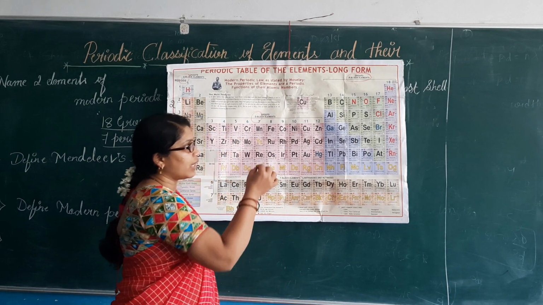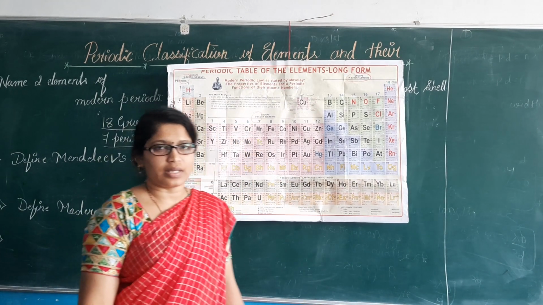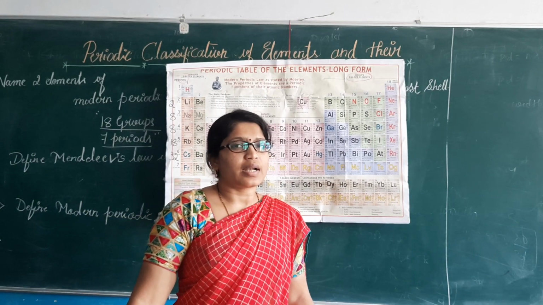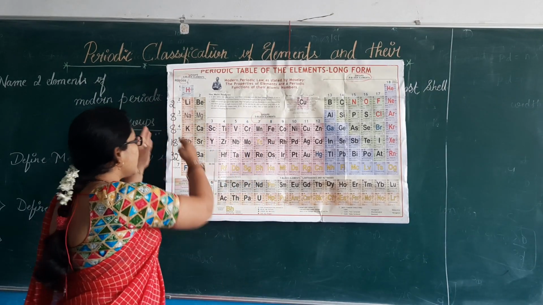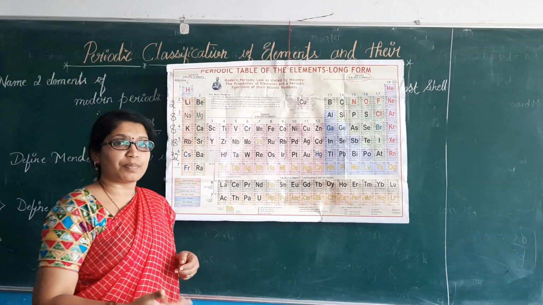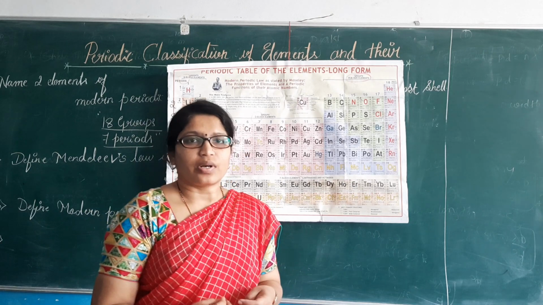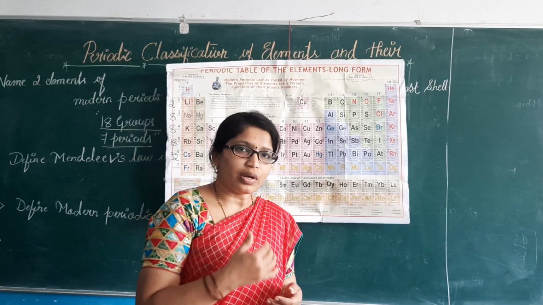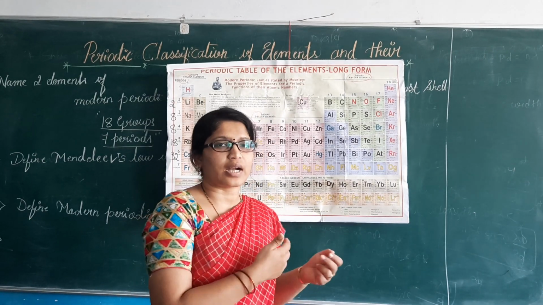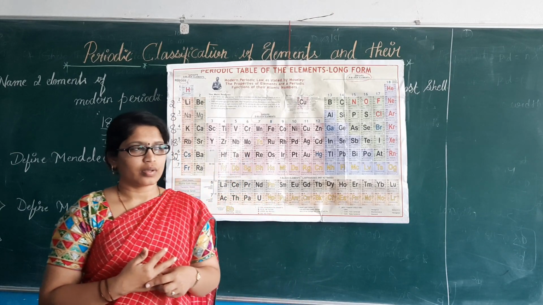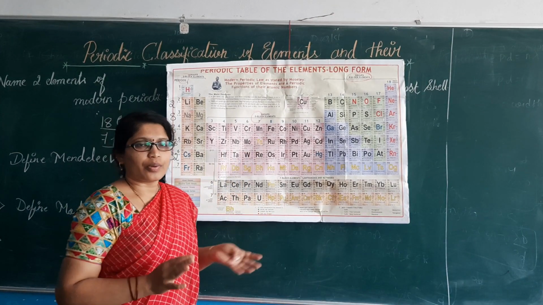So why I am particularly telling the names of the elements is because we will be understanding the properties of all these elements by considering the respective groups. We need to understand the properties of all these groups in detail when we start with the question and answer session. Right? So this is all about the periodic table.